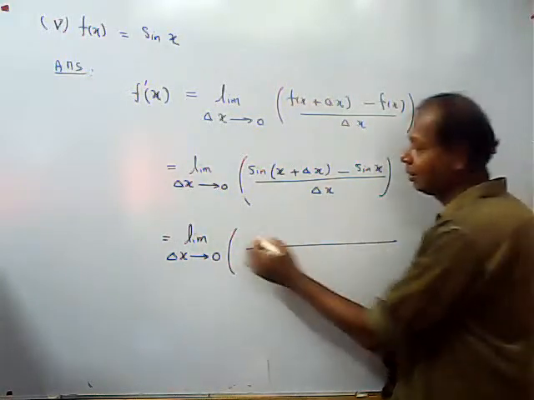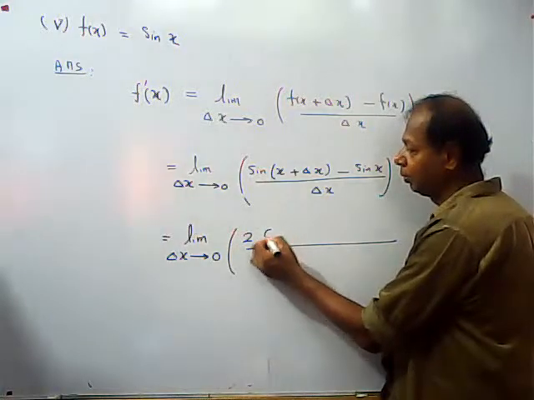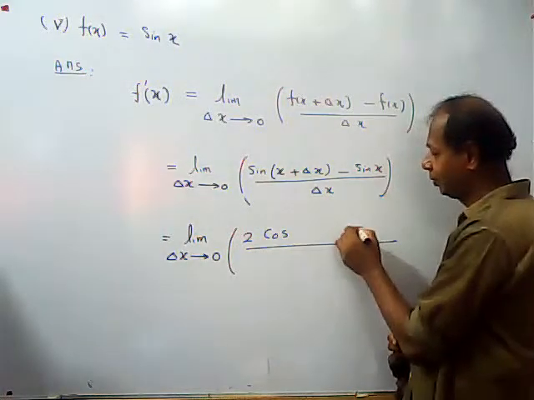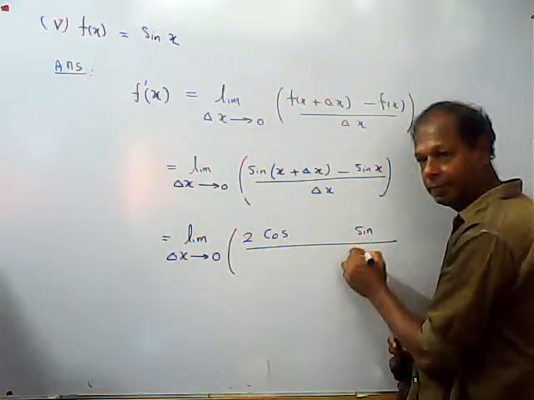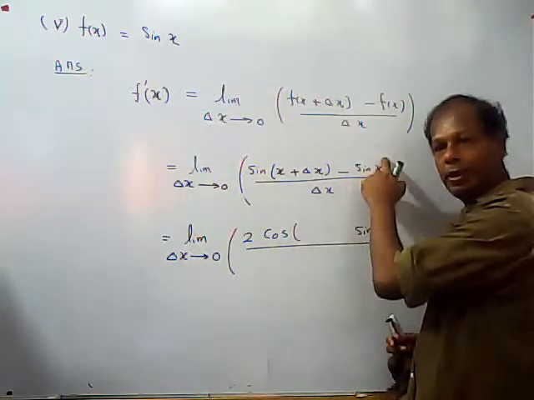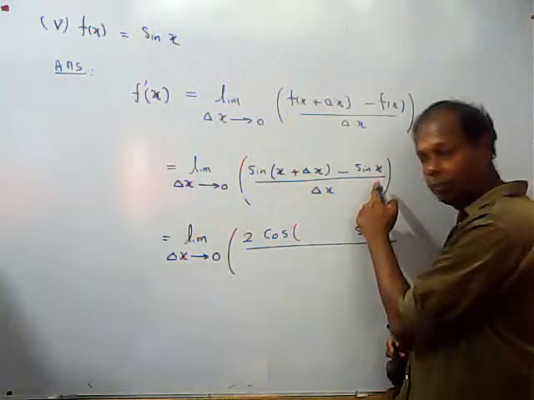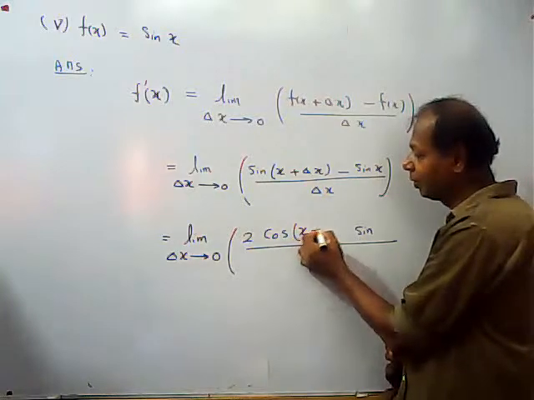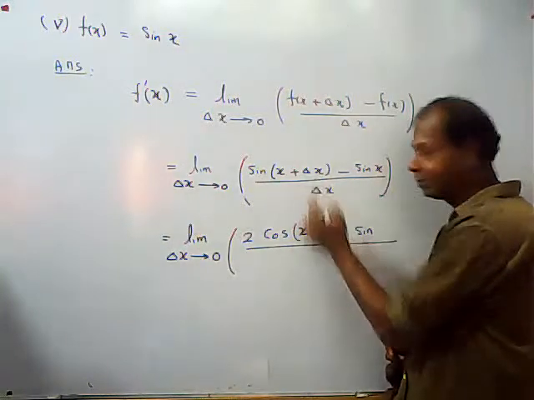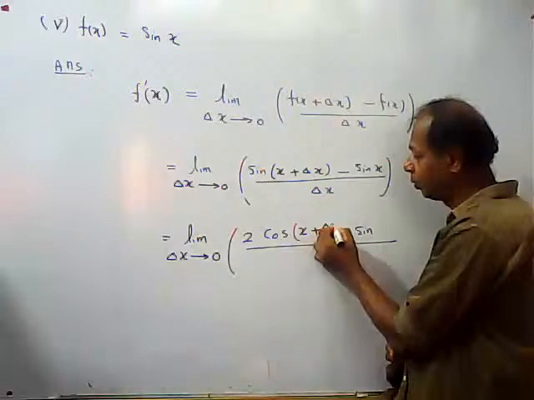So sine minus sine is 2 cos of the sum plus sine of the difference. You add and divide by 2. When you add, that will be x plus x, 2x divided by 2. That will be x plus delta x divided by 2.